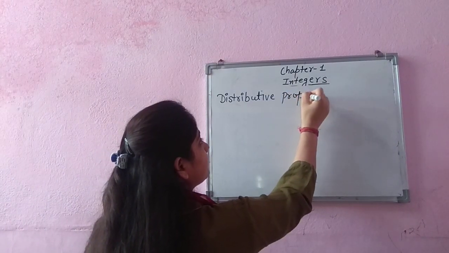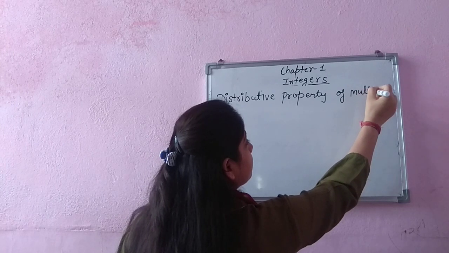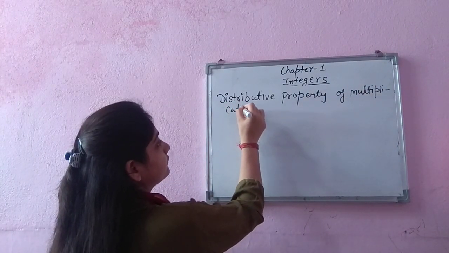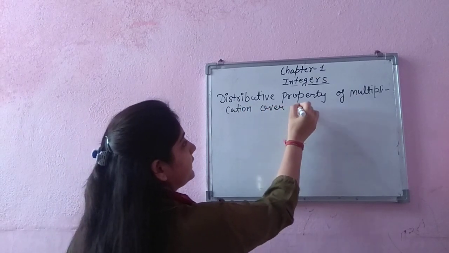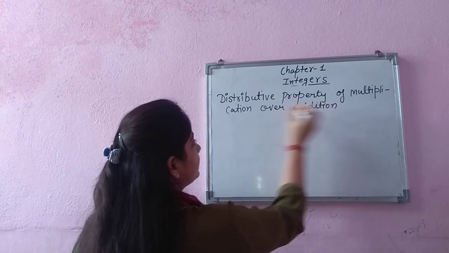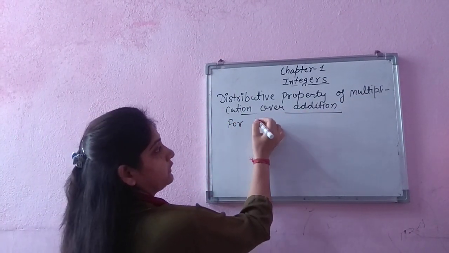Distributive property of multiplication over addition. For this, we have to take three integers.